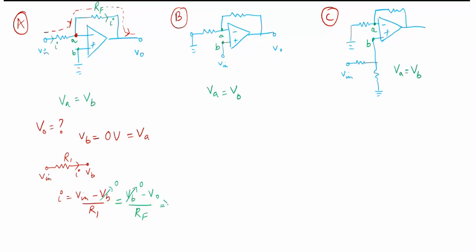Now from here you can write V naught by V input is equal to minus RF by R1. Yes or no? So this is the gain. This is the gain of an inverting circuit, right?